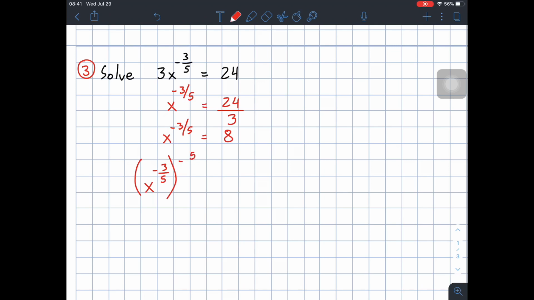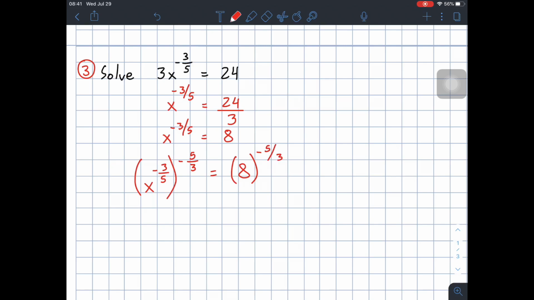Which is the reciprocal of this number. You see that if I multiply this times this and this times this, I'm going to get 15 over 15, which simplifies to 1, right? So if I do that to one side, I need to do it to the other side. So this is 8 to the power of negative 5 over 3 as well.